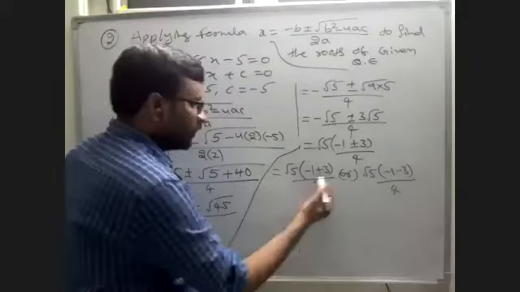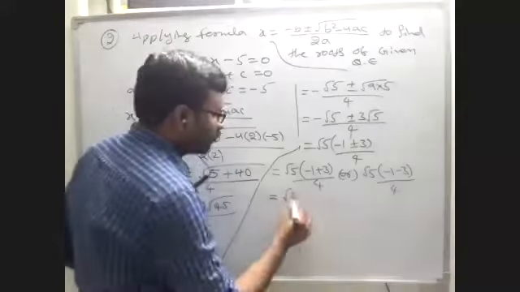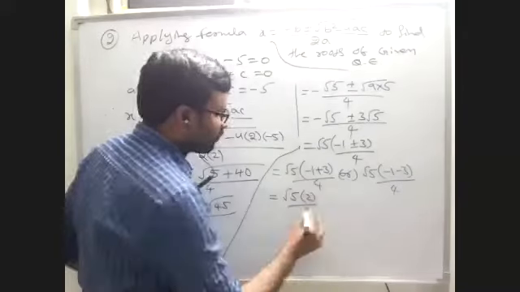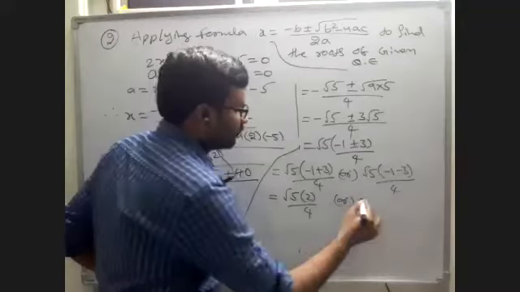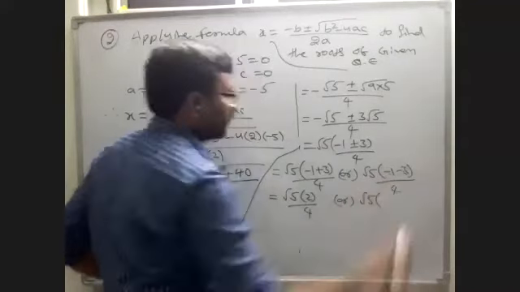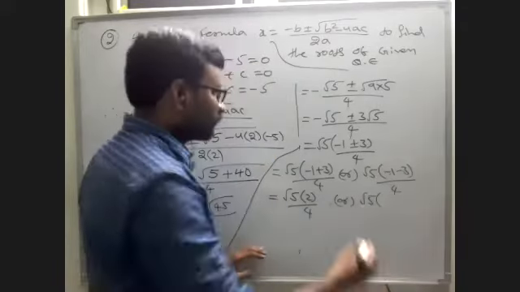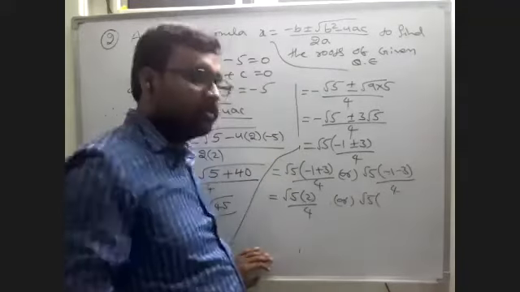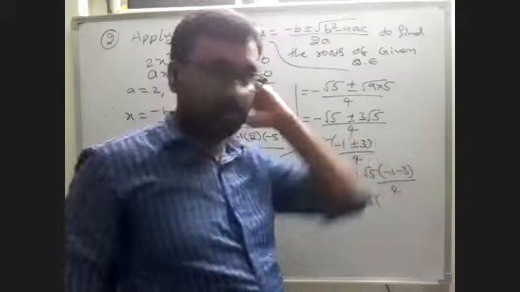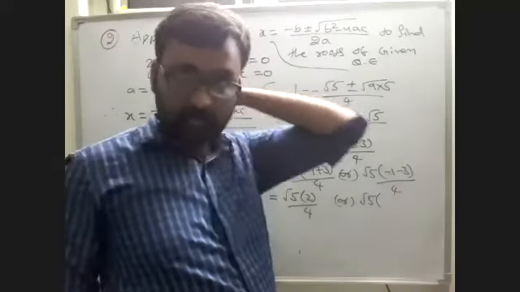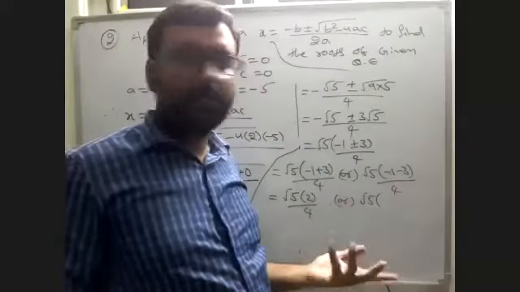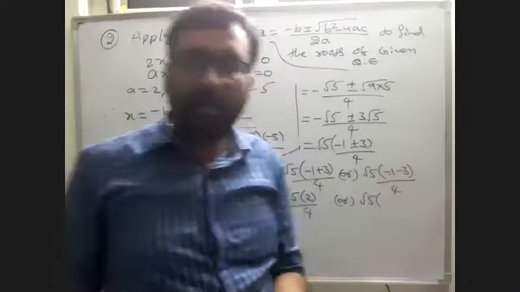Now 3 minus 1 is what? 2. Root 5 into 2 by 4, or root 5 into minus 1 minus 3, what? Minus 2, sir. How minus 2? Minus 1, minus 3, minus 4, sir.